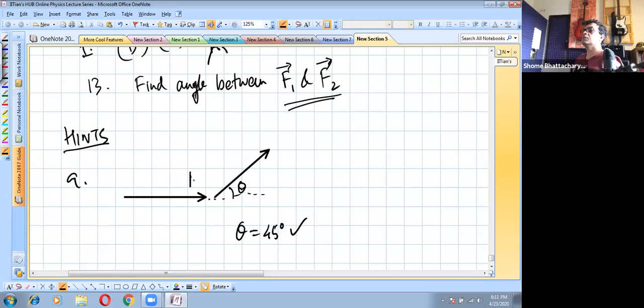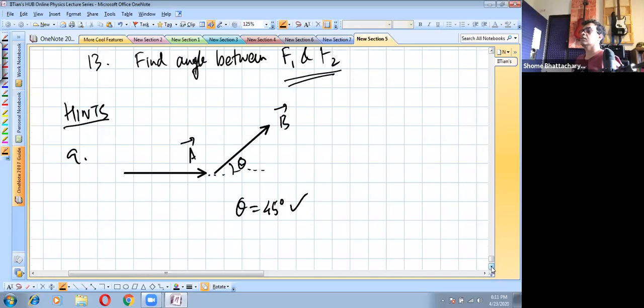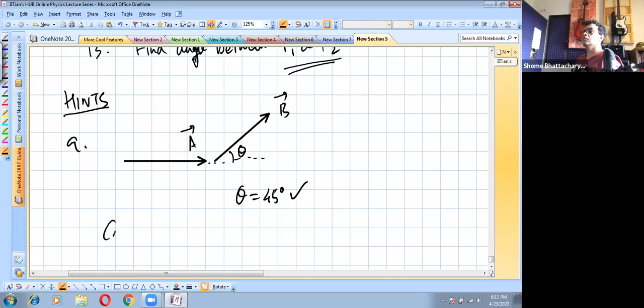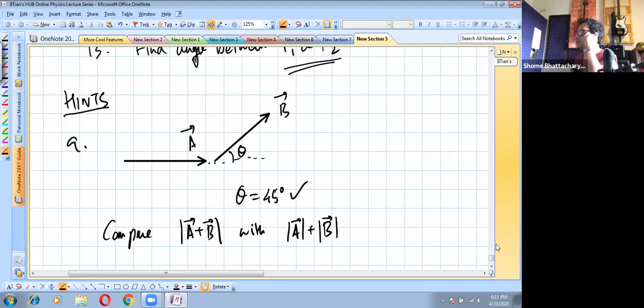This is given, but no other information is given. And now you have to compare the quantity mod of A plus B with the quantity mod A plus mod B. You have to see whether it's larger, lesser, or what kind of relation it is.